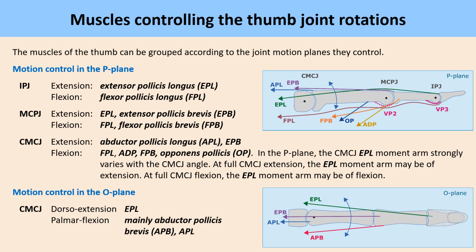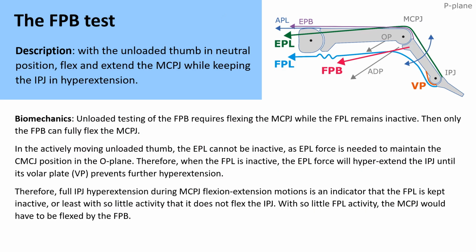Motion control in the O-plane. CMC joint dorsal extension by the EPL. Palmar flexion mainly by the abductor pollicis brevis, assisted by the APL. The flexor pollicis brevis test.